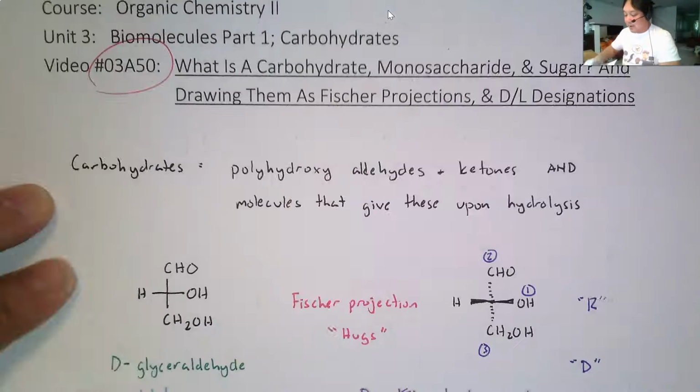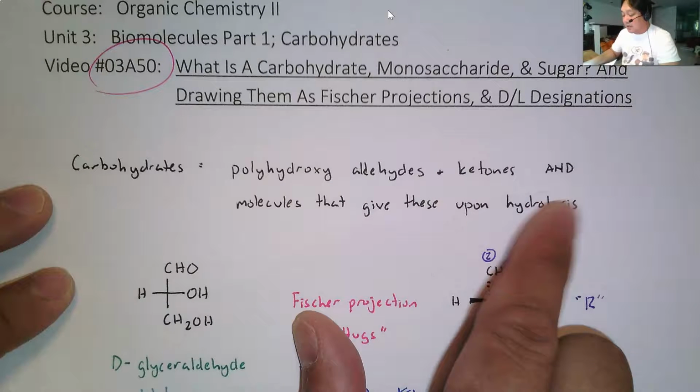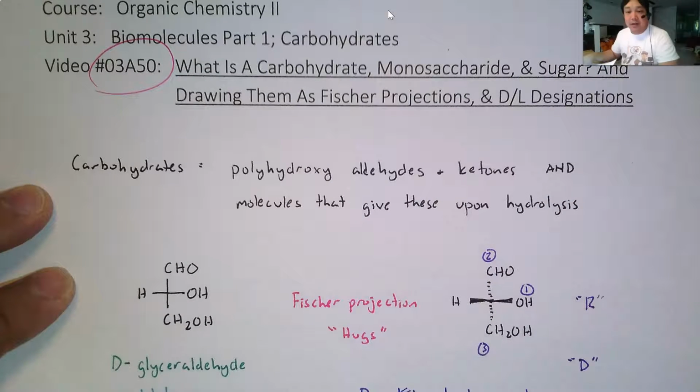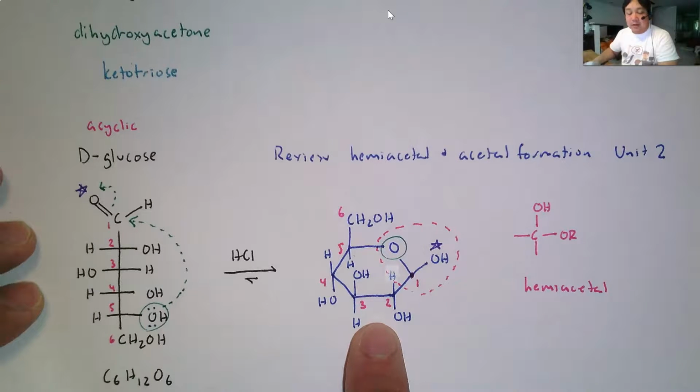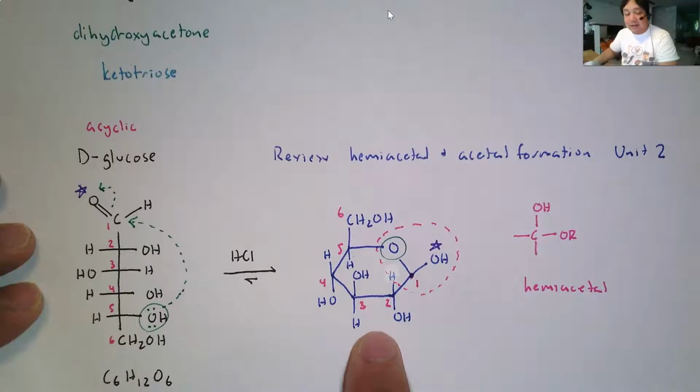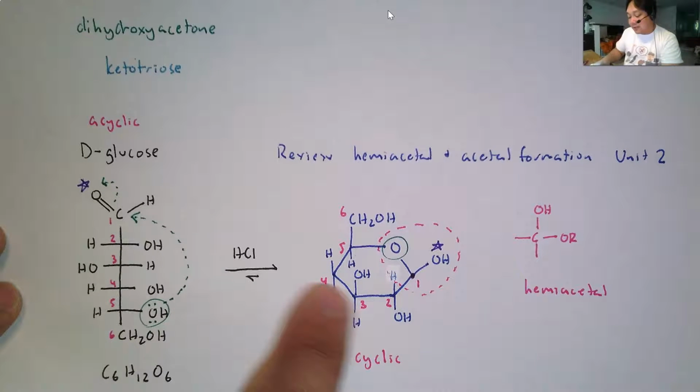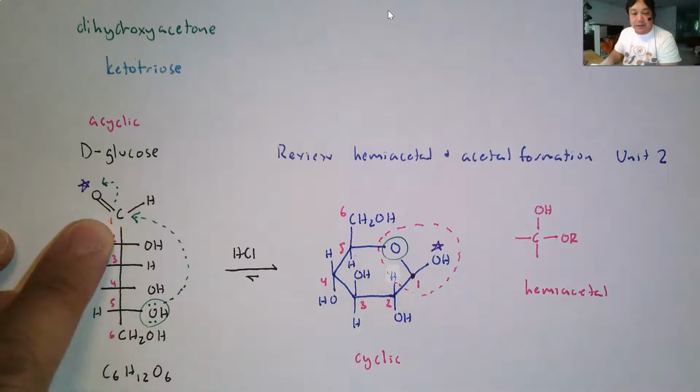You have the definition for carbohydrate. Polyhydroxyaldehydes and ketones, and molecules that give these upon hydrolysis. Do you notice that this molecule right here has no carbonyl group? This is not an aldehyde or ketone. But when you do hydrolysis, you get the aldehyde or ketone.